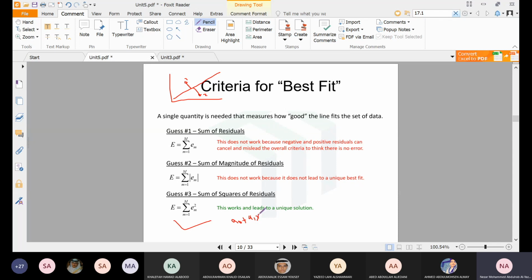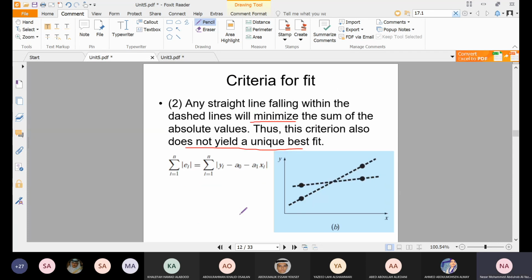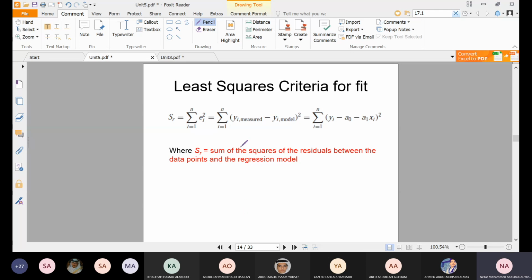One way to do this is by minimizing the error with respect to these coefficients, because our objective is to minimize the error between the measurement that we measure by device and the model that we developed. So this is the least square criterion that provides the best fit.